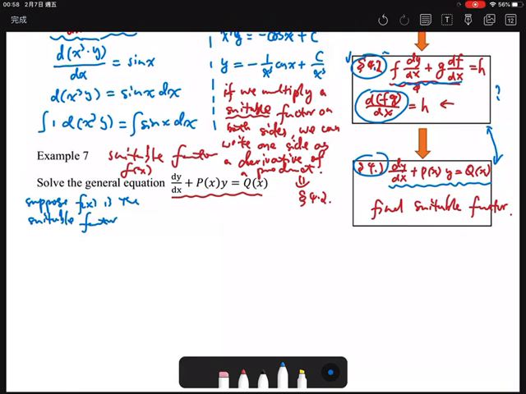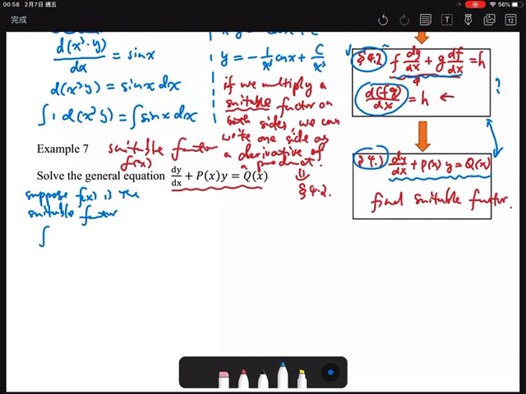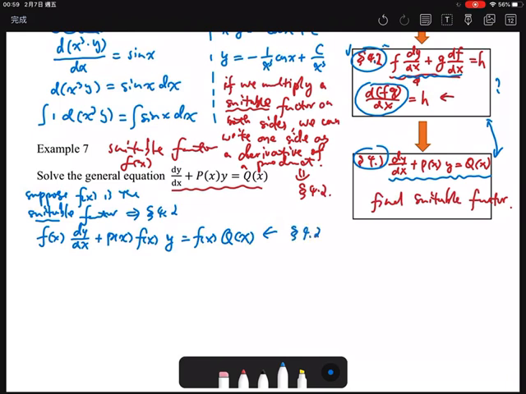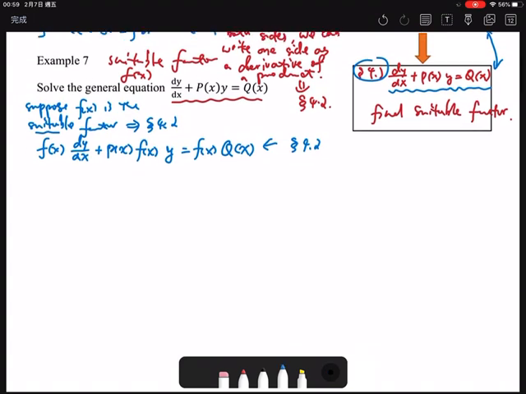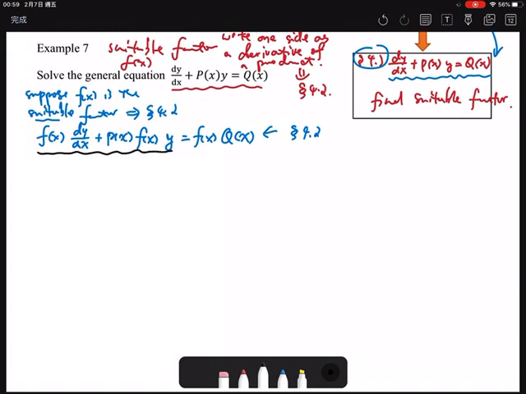If it is a suitable factor, it means that if we multiply f of x on both sides, we get f of x times dy by dx plus p of x and f of x times y equals f of x times q of x, and this equation will become the type in section 4.2, which means that the left-hand side can be written as a derivative of a product.